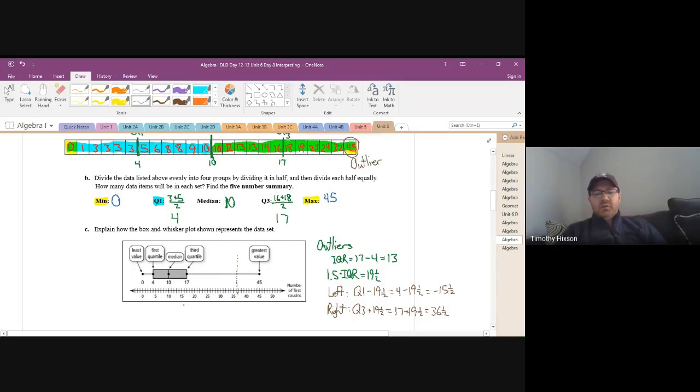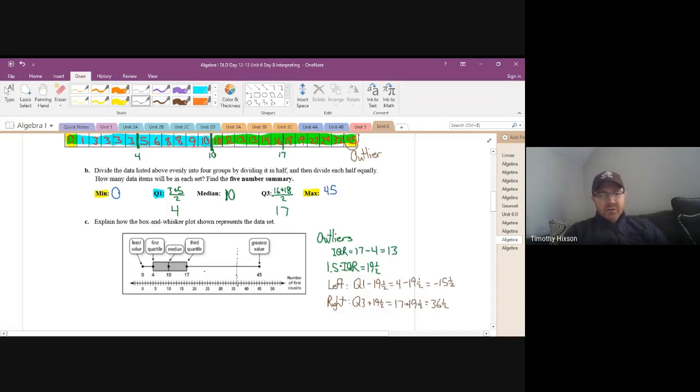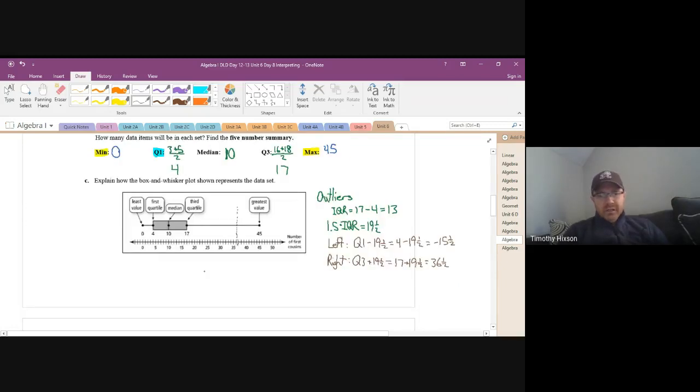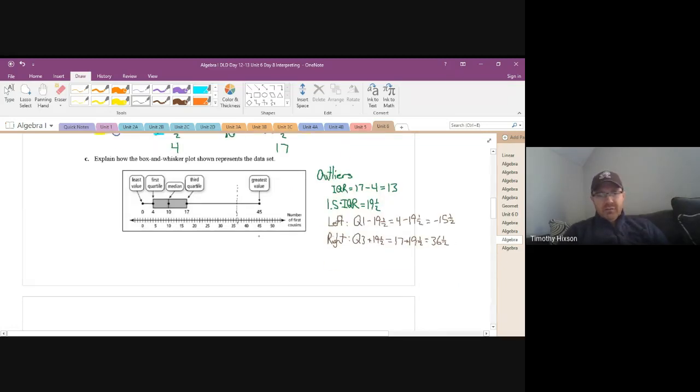So I'm going to redraw the box plot real quickly here to take into account the fact that 45 is an outlier. So I come over here. I'm going to draw it down below, and right below 45, I'm going to put an X because that 45 is an outlier. Okay, the bottom end of our box and whisker plot is all going to be the same.